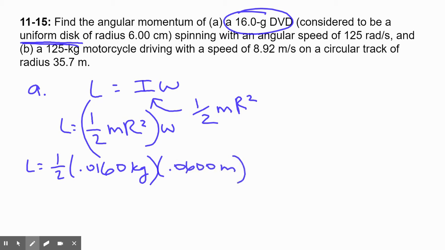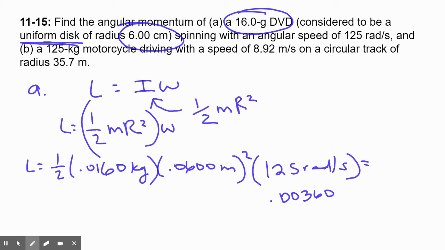We had to convert centimeters to meters, and that's squared. And then we know that the angular speed is 125 radians per second. Okay, and this would equal 0.00360 kilogram meters squared per second. So this is what our angular momentum will be for part A, for the CD.